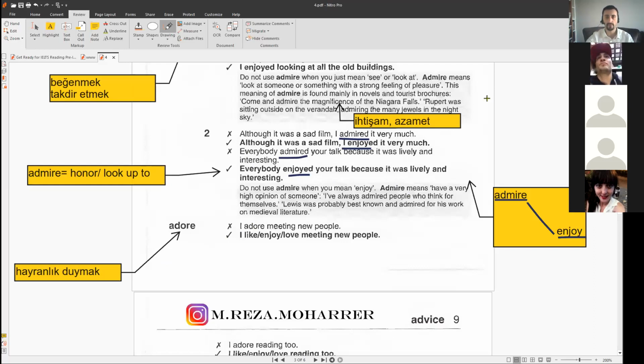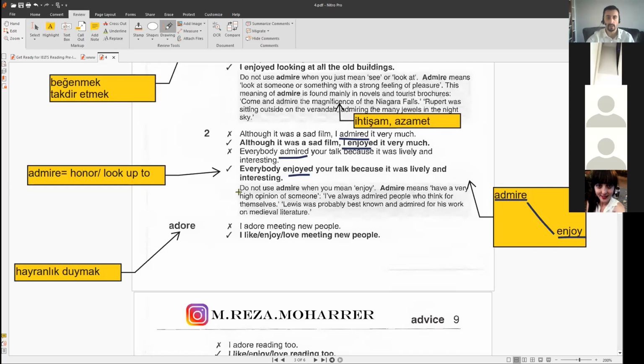So what is the difference between admire and enjoy? Admire means honor or look up to. Again, I told you, look up to or have a higher opinion of something. It's like, wow. The difference between admire and enjoy you can see here in the difference of levels. Enjoy is at this level, but admire is at this level. So we don't use them instead of each other.